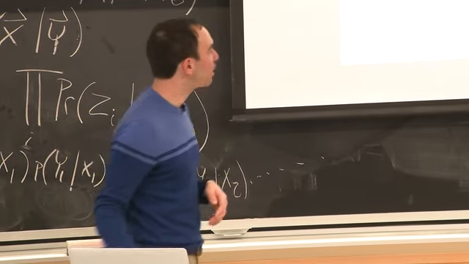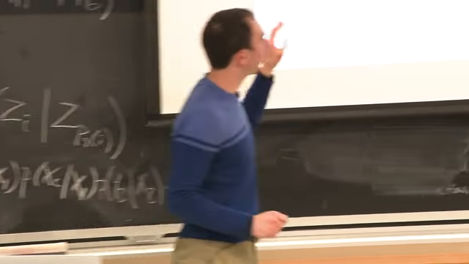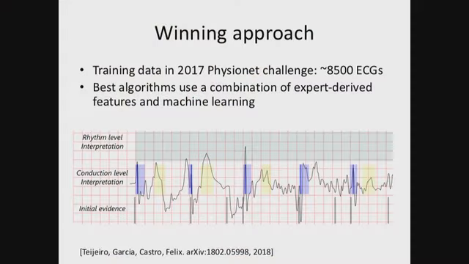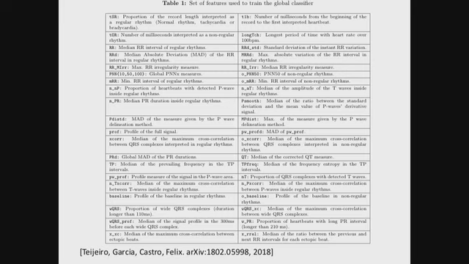So as I mentioned, there was this competition last year. And what I'm showing you here, the citation is from one of the winning approaches. And this winning approach really brings the two paradigms together. It extracts a large number of expert-derived features, shown here. And these are exactly the types of things you might think, like proportion, median RR interval of regular rhythms, max RR irregularity measure, and just a whole range of different things that you could imagine manually deriving from the data.